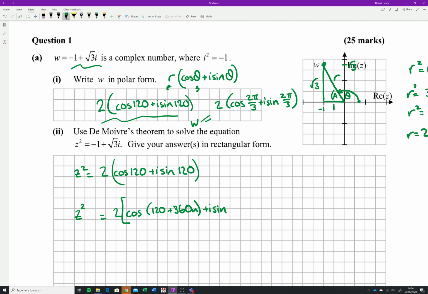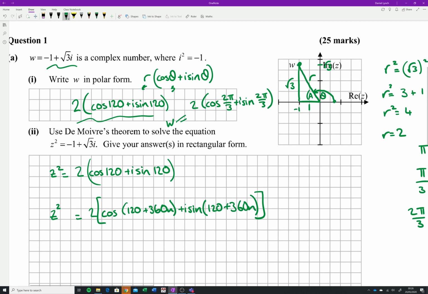What does that mean? That means that in order to reach the point W, you could say to someone, I want you to turn 120 and go out 2. Okay, that would get you there. Well, you could tell them, I want you to turn 120 and then do a quick 360 and then go out 2.